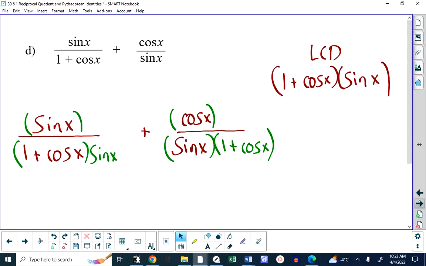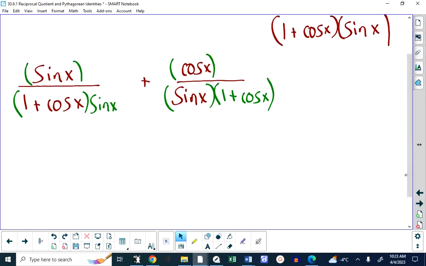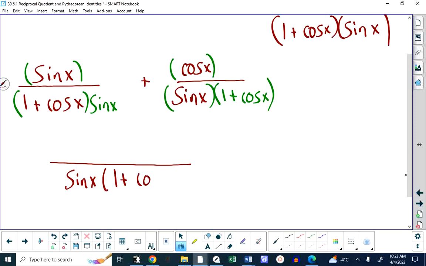Now they're both going to be over the same thing. The denominator of the combined fraction will have a sine x and a 1 plus cos x.